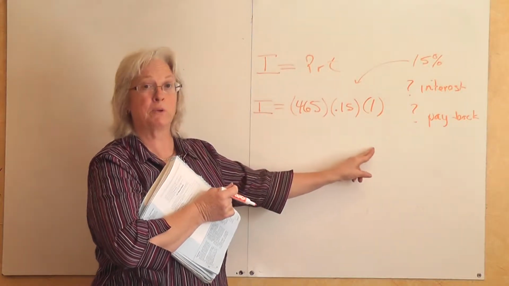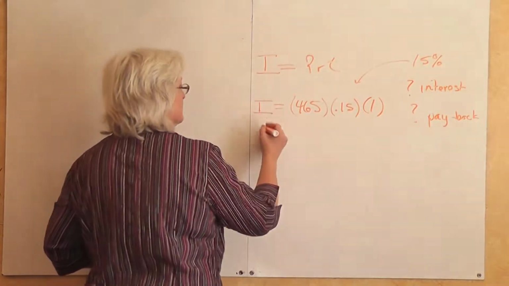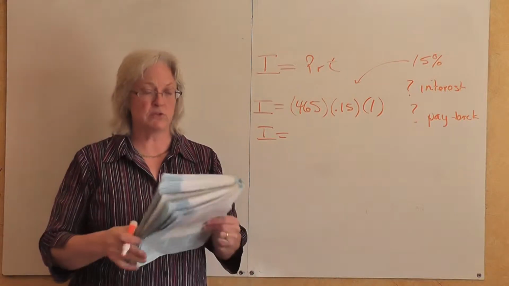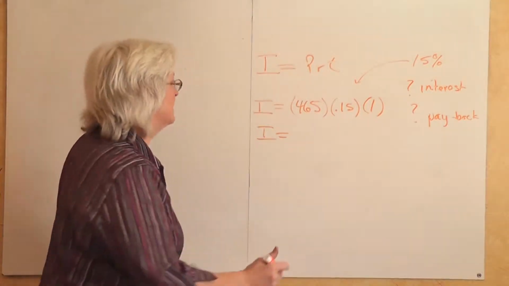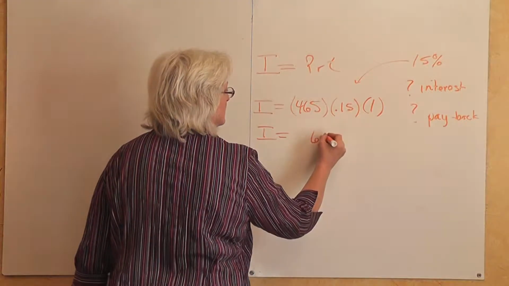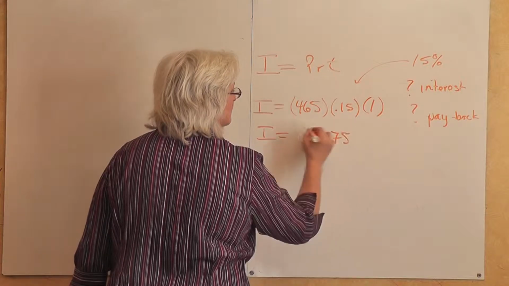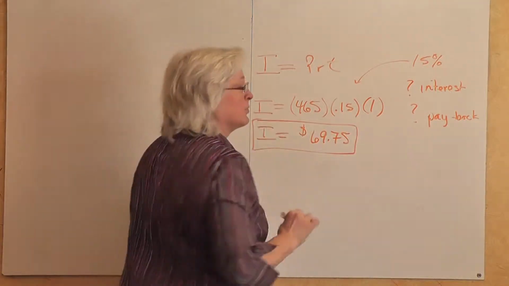Going to do this multiplication. You may go ahead and use your calculators. 465 times 0.15 times 1, and the amount of interest is $69.75. That's the first part of our problem.